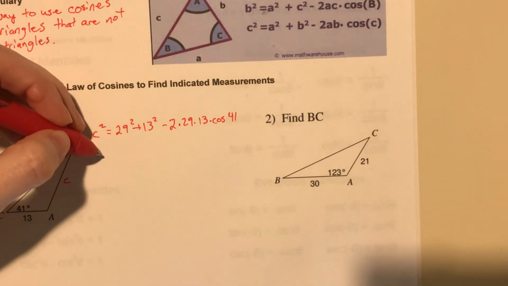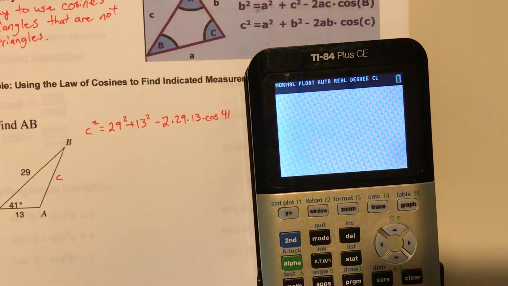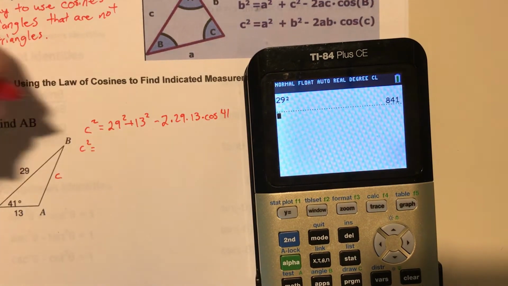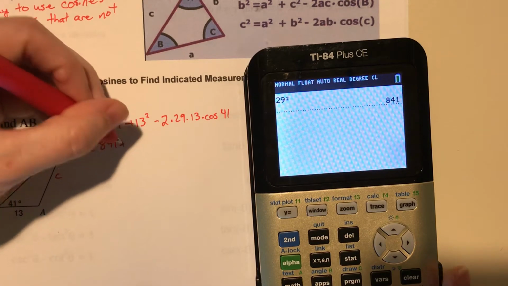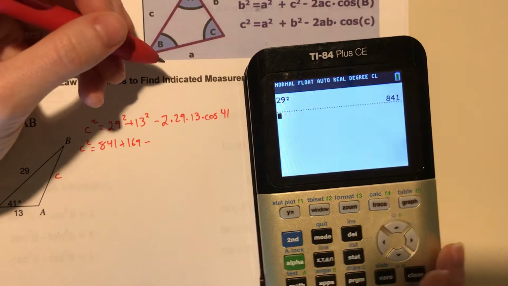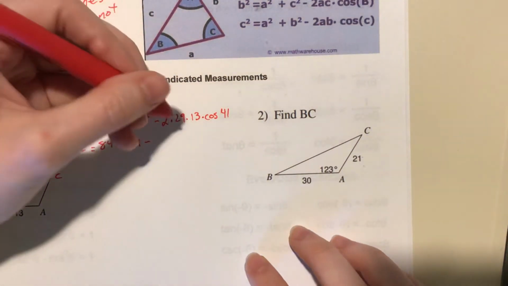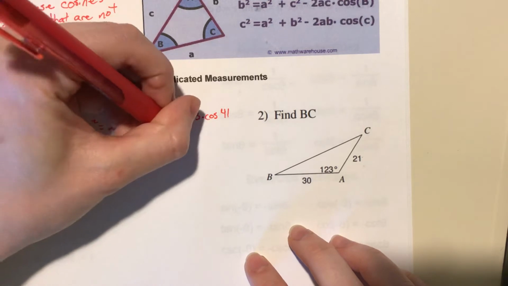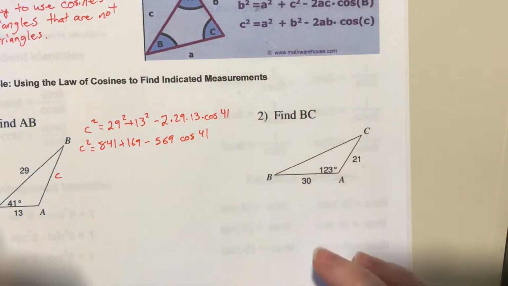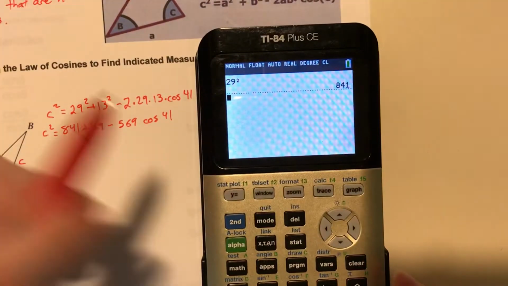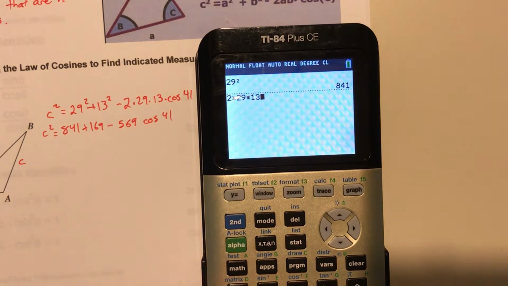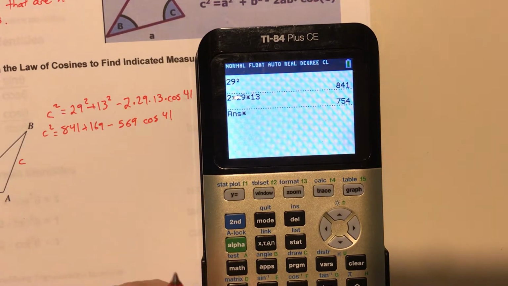Here it's mostly evaluating. C squared equals 29 squared, which is 841, plus 13 squared, which is 169, minus 2 times 29 times 13, which is 754, times the cosine of 41.